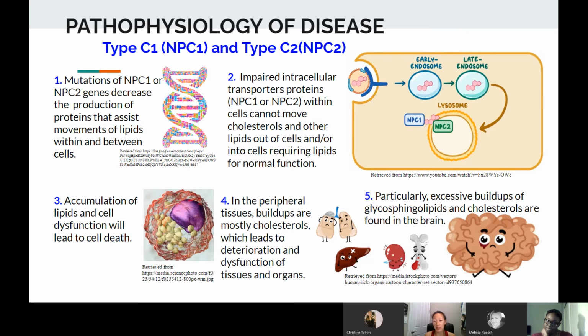With the buildups, it will lead to the dysfunctions of organs and tissues. With the brain, you'll see an accumulation of glycosphingolipids and cholesterols, which type C will mostly impact, and you'll see a deterioration of the cerebellum and the whole brain. Next.